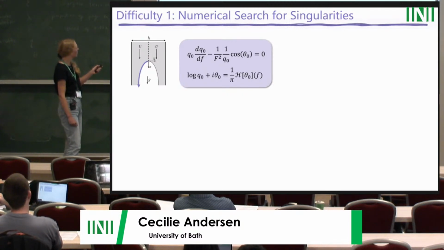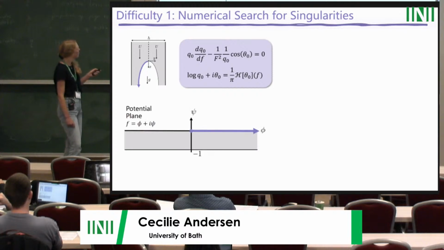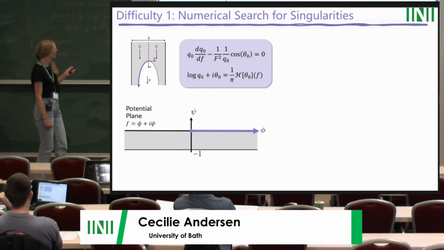So this is the leading order equations, which we can't solve analytically, mainly because of this kind of term that gets introduced. We've written these equations in terms of the potential plane. So now the nose of the bubble here is at the origin, and the free surface lies on the positive phi axis.